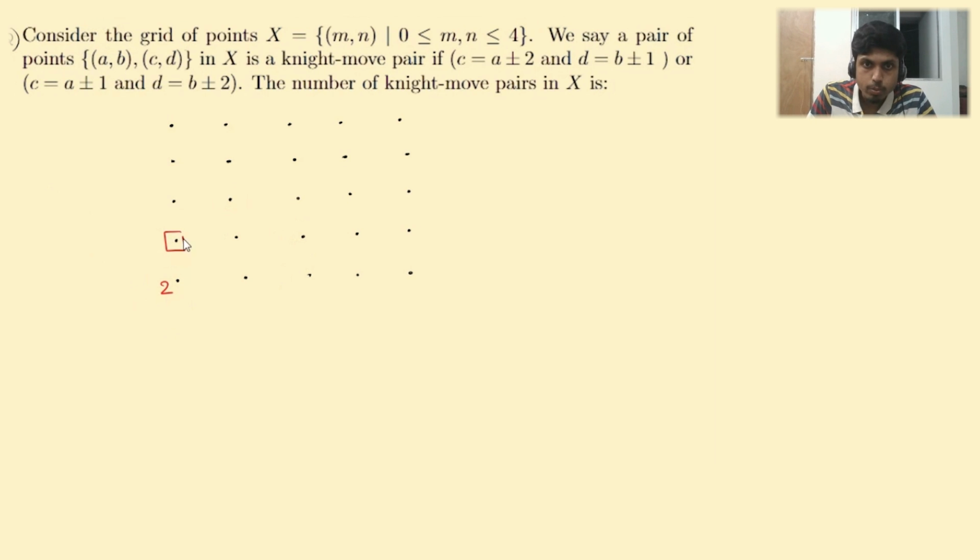Similarly, if you consider this point, there are these many points, 1, 2, 3, that can form a knight move pair with the point in the small red square. So thus there are 3 knight move pairs associated with this point. So again, if you consider this one, you would get 1, 2, 3, and 4.